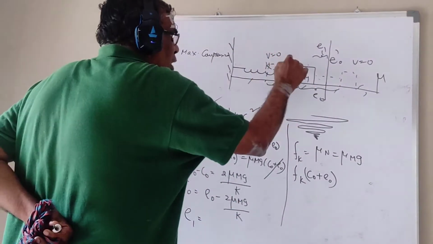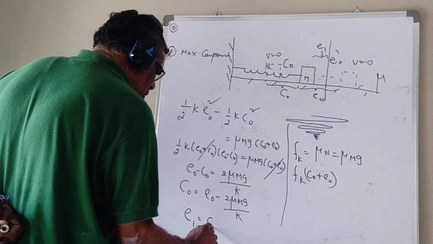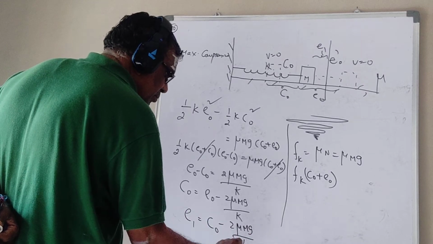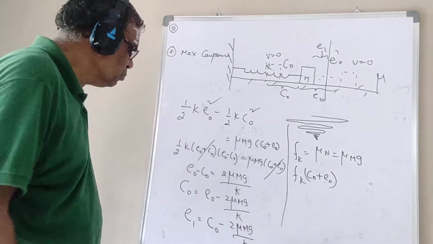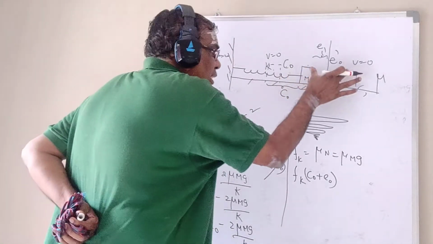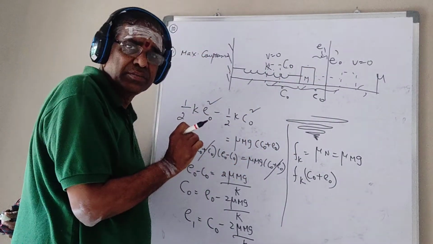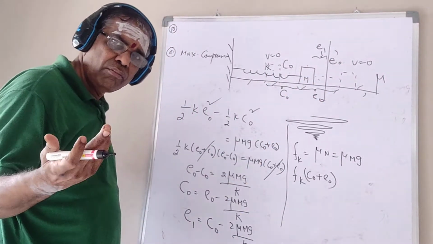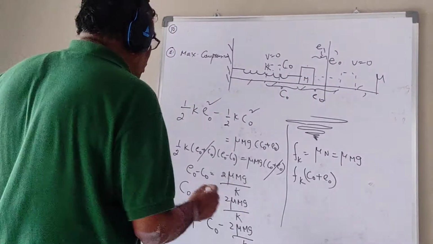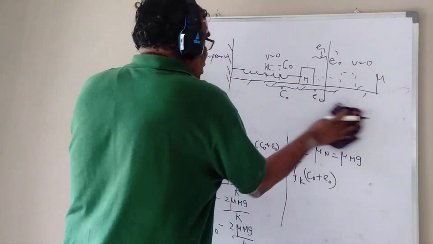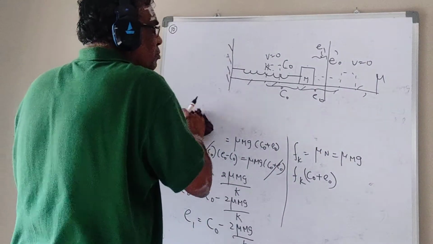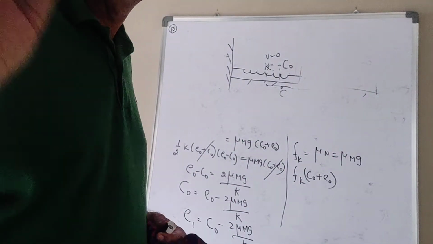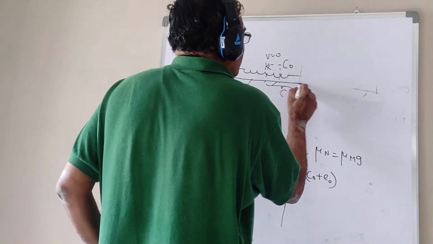If from C0 you go to E1, therefore E1 is C0 minus 2 mu mg by K. When it is E0, my C0 is the compression; if it is C0, what is E1? Get the point? If it is not clear, I will explain it.